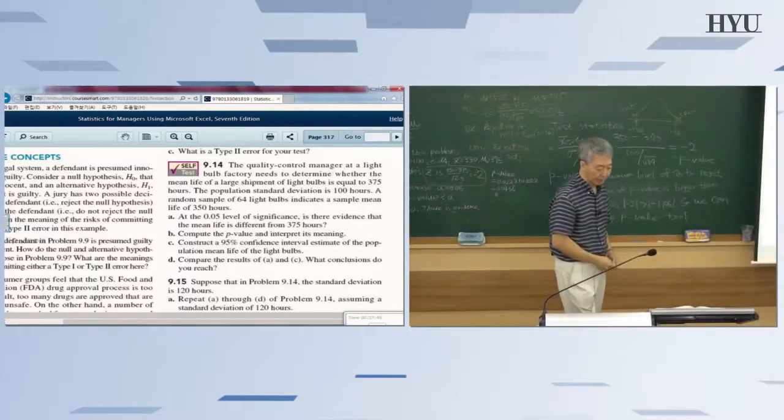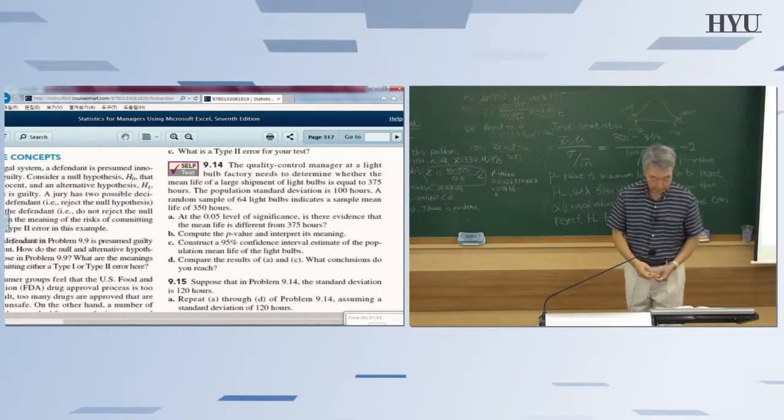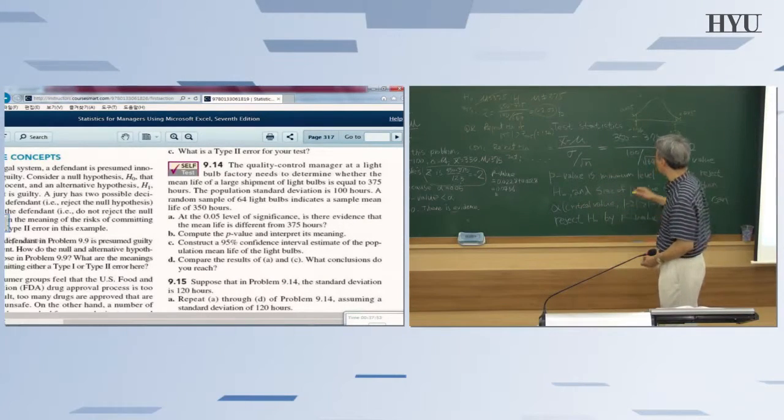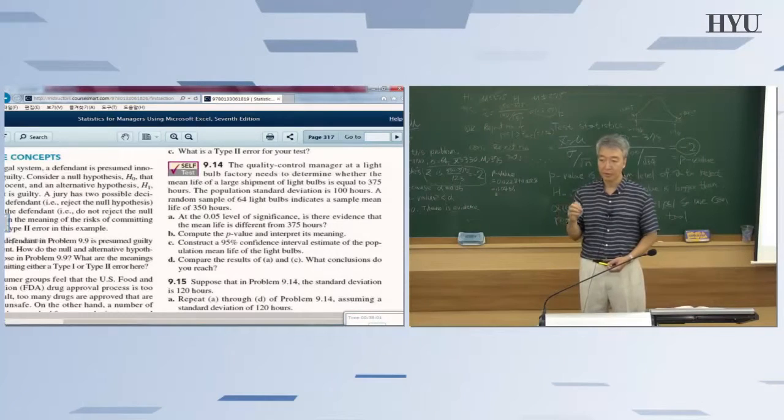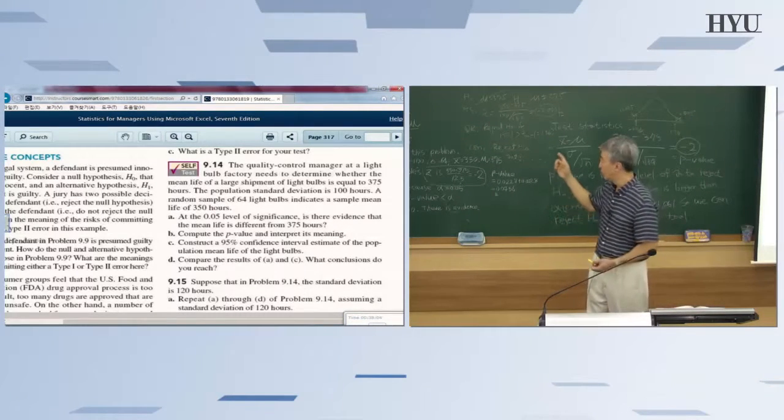What about B? B asks for the p-value. So you calculate the test statistic, which came out to be negative 2, and the p-value is the area outside the test statistic on either side.